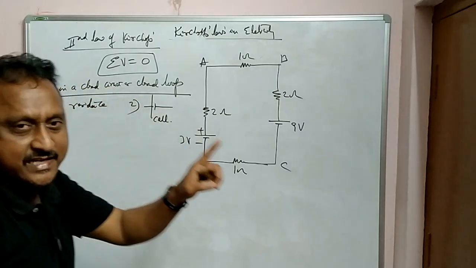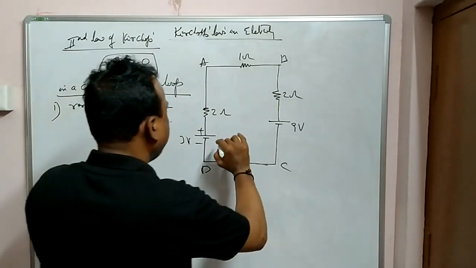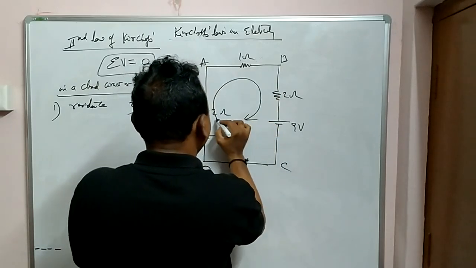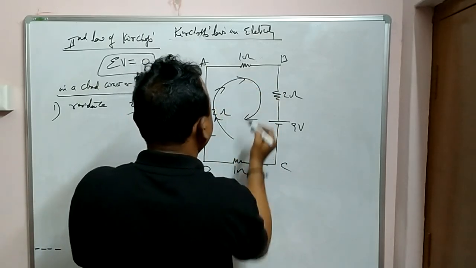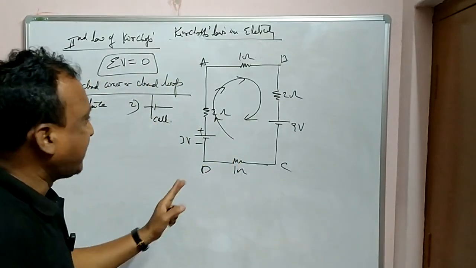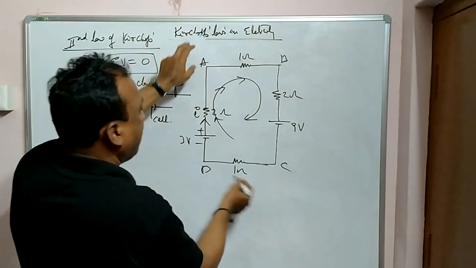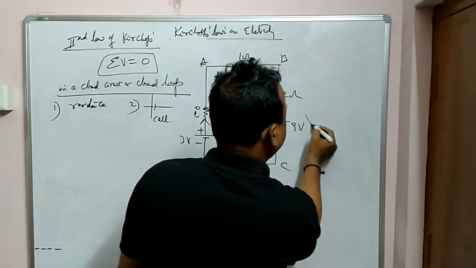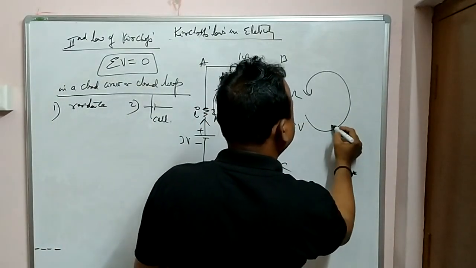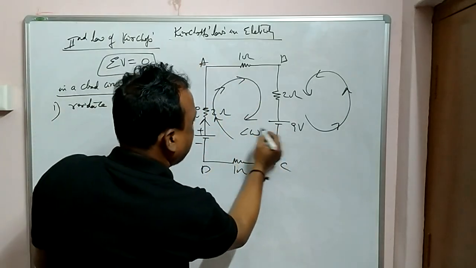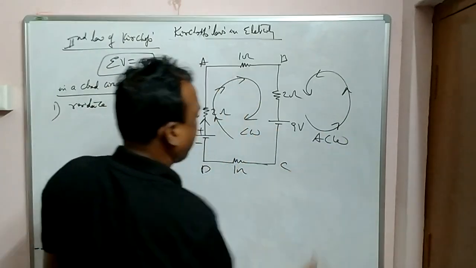If you observe carefully, for example, this is the path I am taking, and the path you can take along the direction of current or against it. You can take clockwise or anti-clockwise.